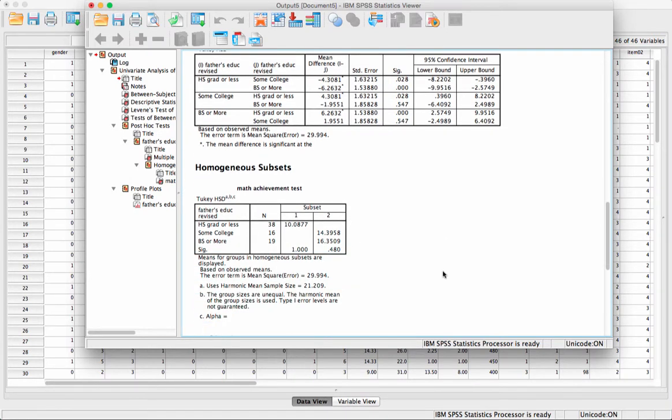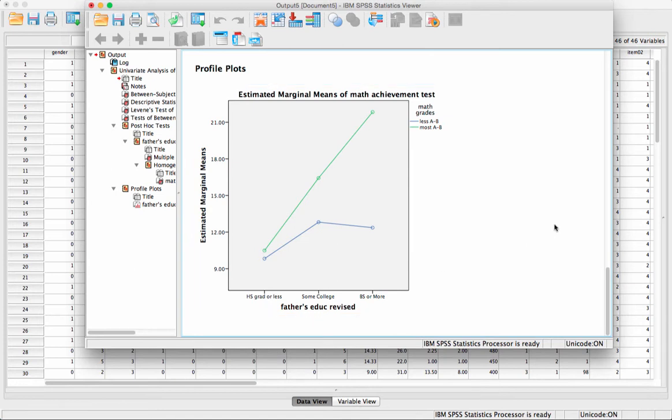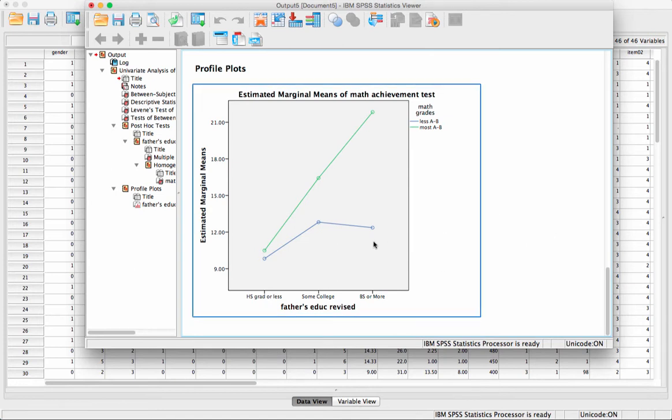So when looking at this plot, we can see that this green line is the math achievement means for students who earned mostly A and B in math by differing levels of father's education.